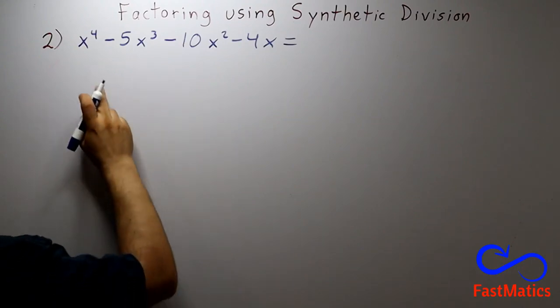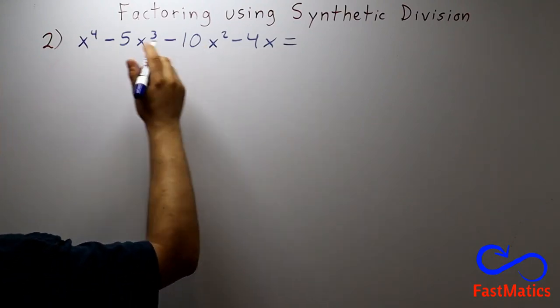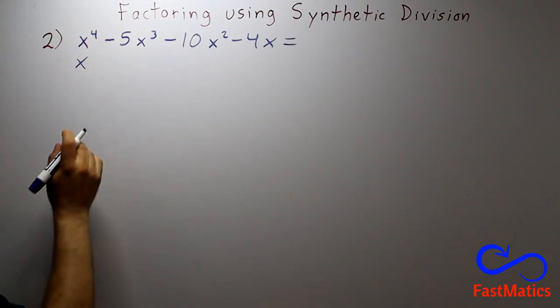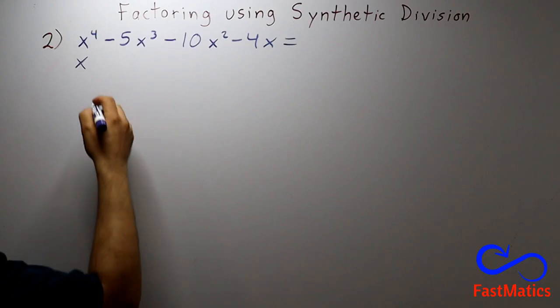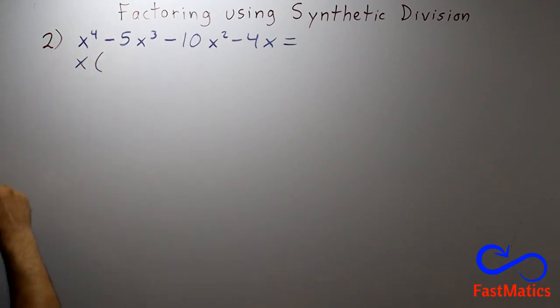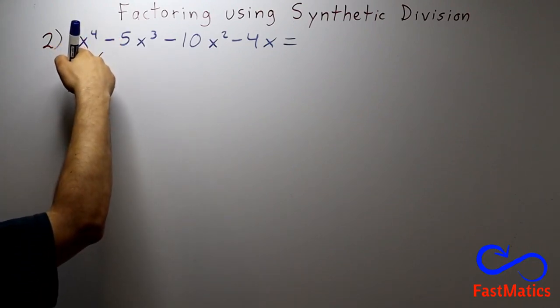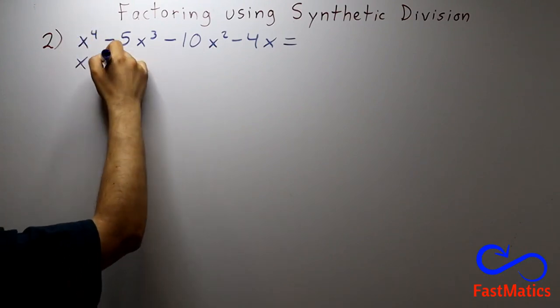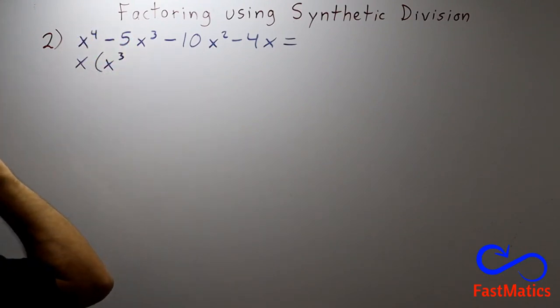Then I have to write the x that is repeating with the smallest exponent, and after that I will divide. X to the 4th power divided by x is x to the 3rd power.